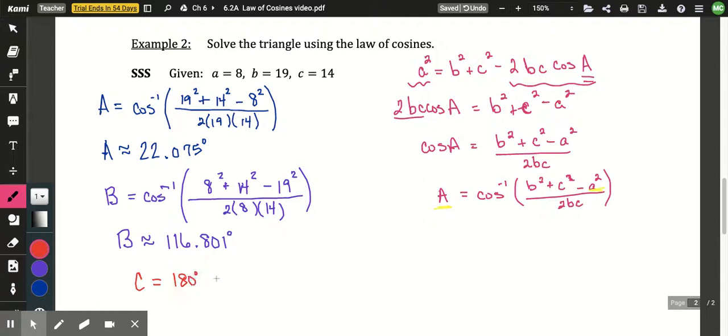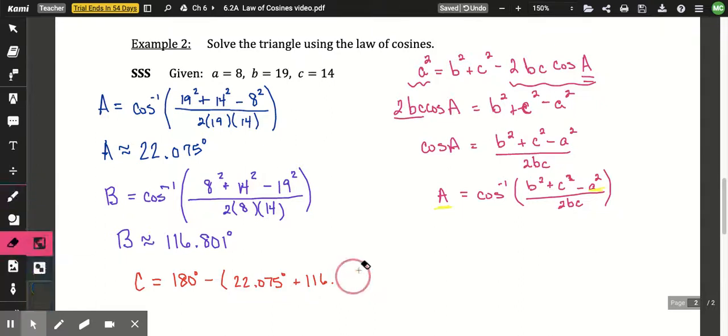But since we do have these inferior tools here, I'm just going to use 180 minus the sum of angle A and angle B. Oh, and I really should have approximately equal to there.